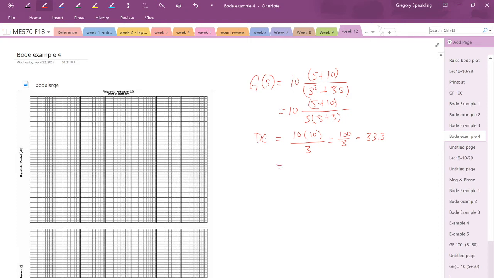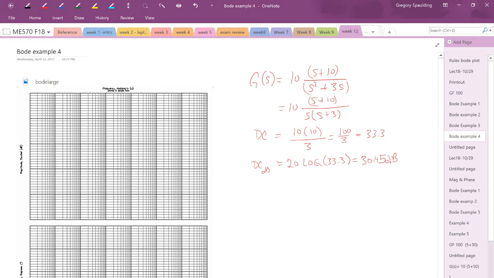Then if we represent our DC gain in dB, we have 20 times the log of 33.3, and that ends up being 30.455 dB.